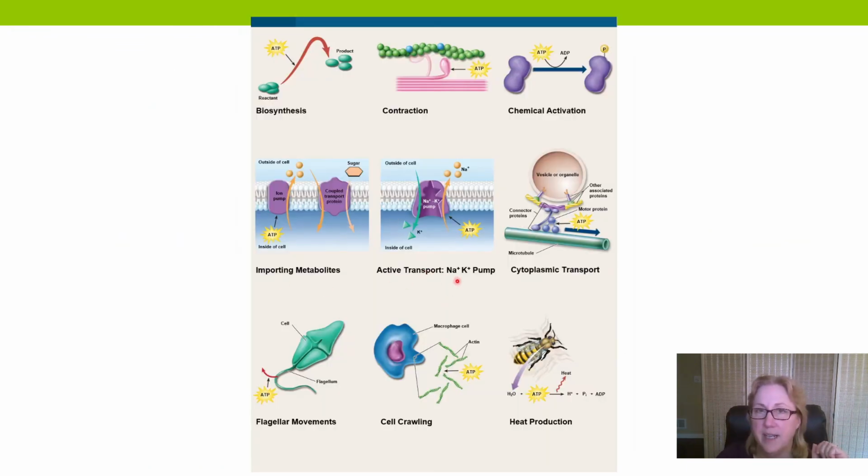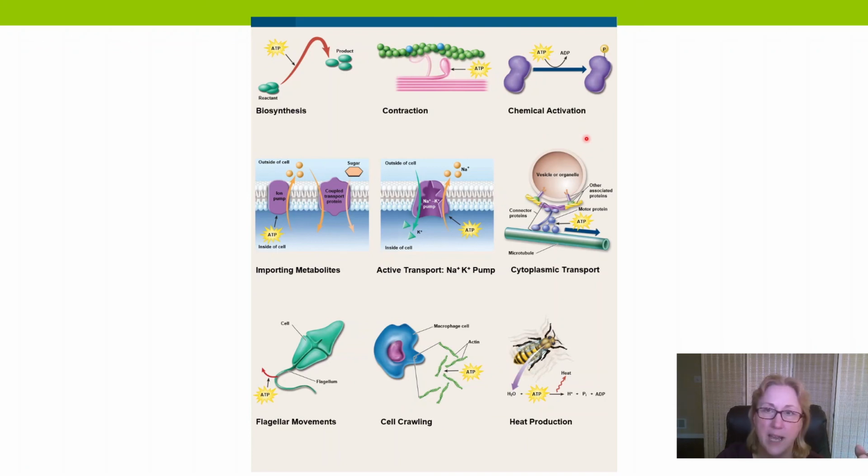Here's a few other things that ATP is used for besides synthesis. Muscle contraction we talked about before. It's similar to vesicle transport that uses microtubules, except now we have actin, and myosin is walking on the actin using ATP. Sometimes enzymes are just activated by phosphorylation, and ATP can certainly do that.